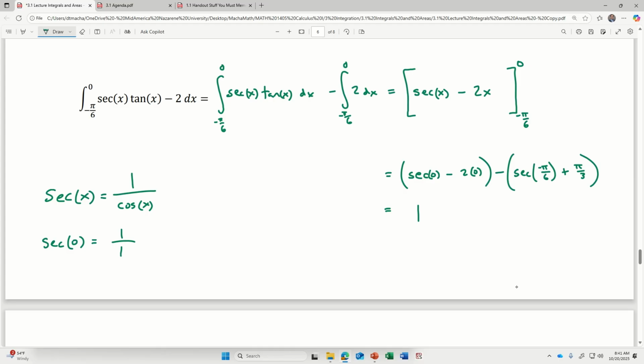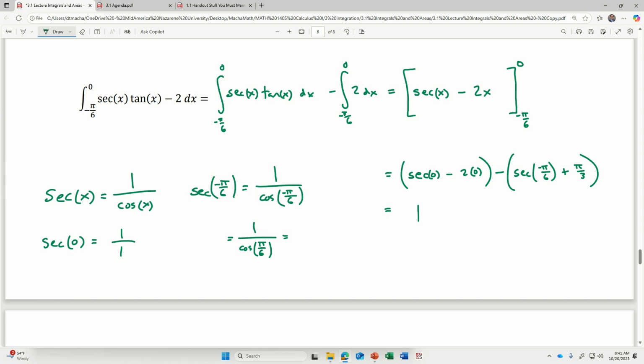What is secant of negative pi over 6? Well, that would be 1 divided by cosine of negative pi over 6. Cosine of negative pi over 6 is the same thing as cosine of positive pi over 6, because cosine is an even function, so it doesn't matter for an even function like cosine whether the argument's positive or negative.